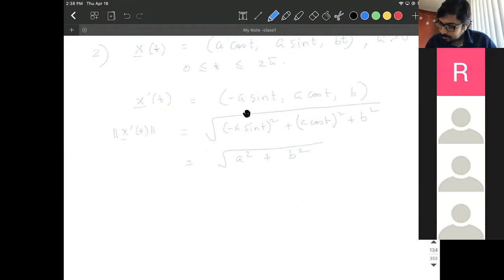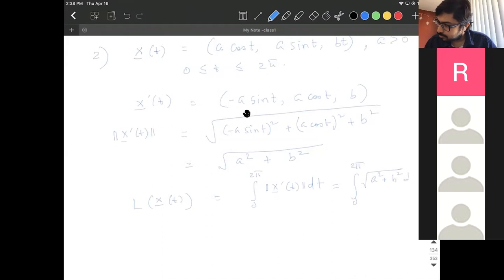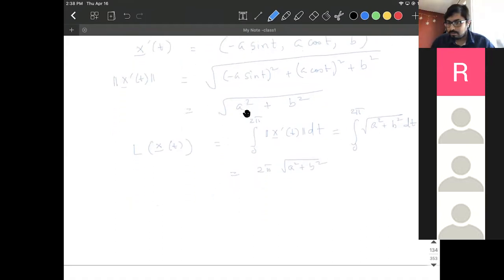And hence the length, once again, from 0 to 2 pi, is 2 pi times the square root of a squared plus b squared. So you have this b squared term coming up because the helix also moves in the z-axis. That's the reason.